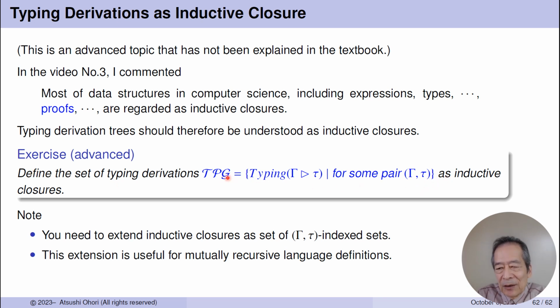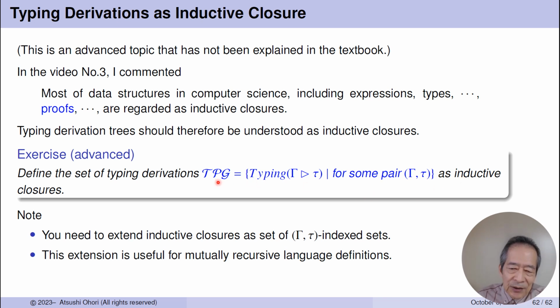Although you have noticed the similarity, you should have also noticed the apparent difference between the definition of inductive closures and this construction, right? In the definition of inductive closures, we construct one set that is a subset of a universal set.